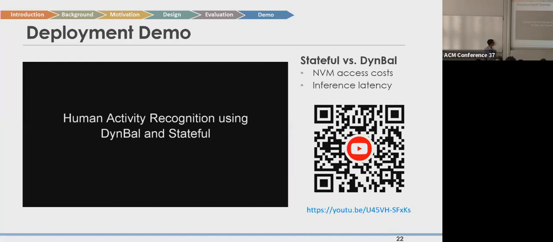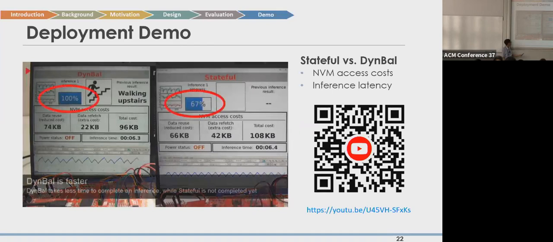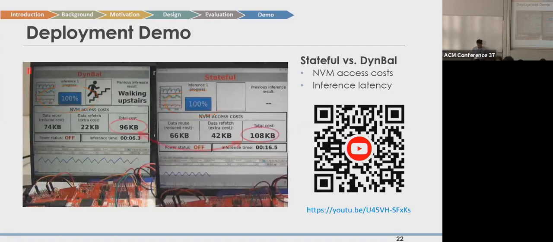And here we can see that with Diabeo, the intermittent inference can run faster. This is because we achieve a lower NVM access cost. And Diabeo will finish the inference earlier than stateful.